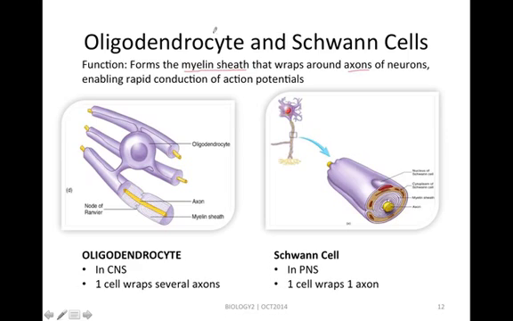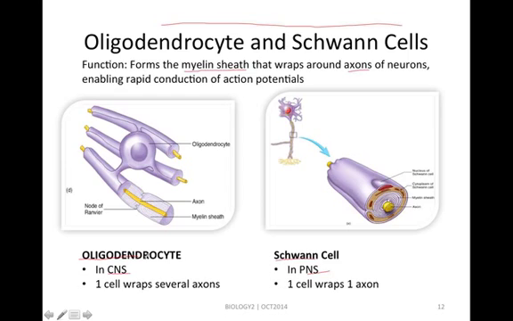So you can think of the axons as a copper wire, and the plastic housing that wraps around the copper wire will be the myelin sheath. So how do they differ, the oligodendrocyte and the Schwann cell? They look different and they are found in different locations as well.